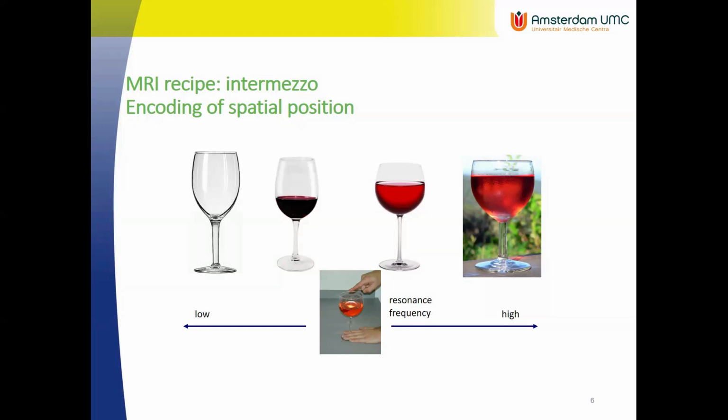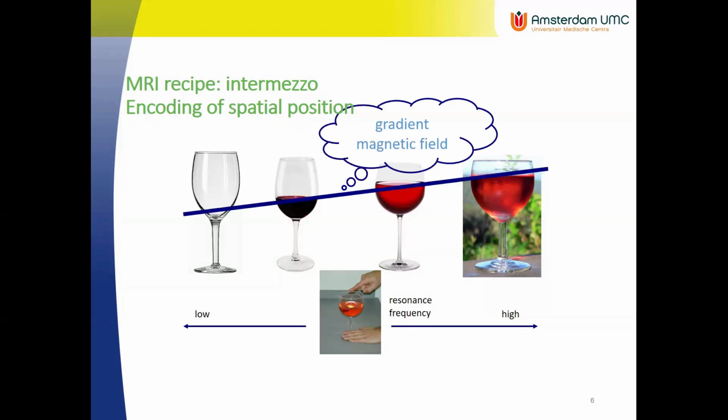I can do something very similar in the MRI scanner to encode the position of the signal. What I do in the scanner is switch on a magnetic field gradient. As we know, the resonance frequency of the protons is directly related to the field strength.